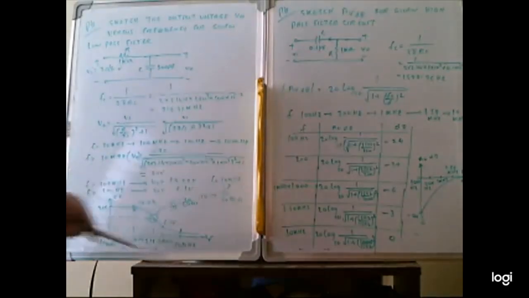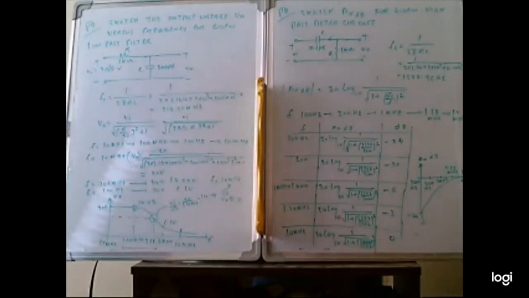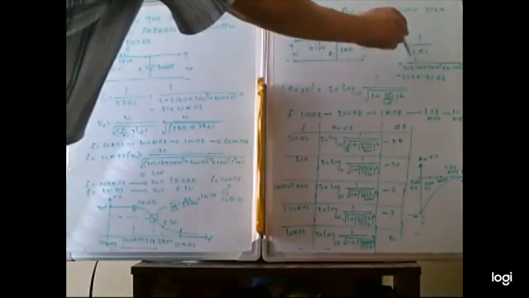We calculate the FC by this equation. For the decibel, we use this formula. Then we substitute.